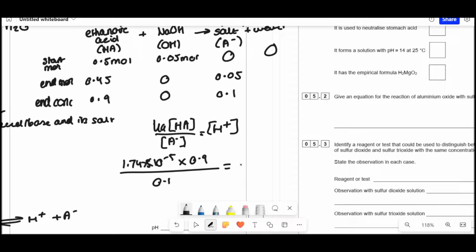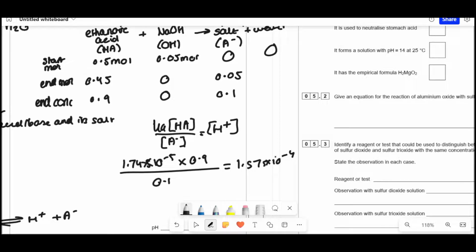That gives us an H plus of, let me just work that out real quick, so 1.74 times 10 to the minus 5 times 0.9 over 0.1 gives you 1.57 times 10 to the minus 5, sorry.